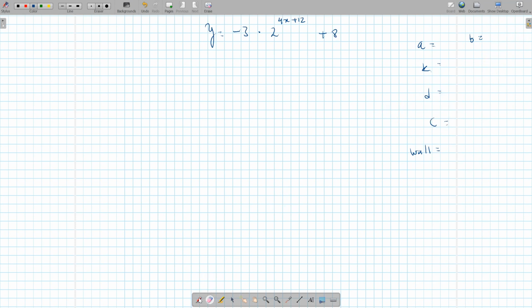What's A in this case? So we're doing transformations. A is 1. It is not 1. Try again. -3. What's K? There's no bracket. So introduce a bracket.